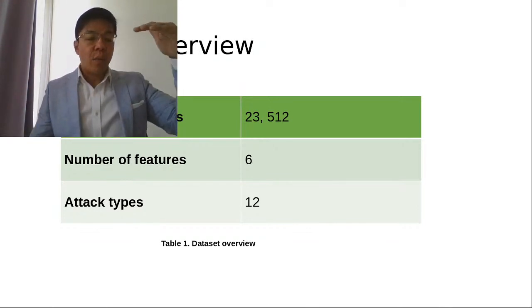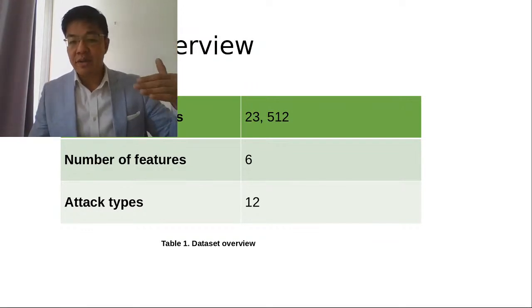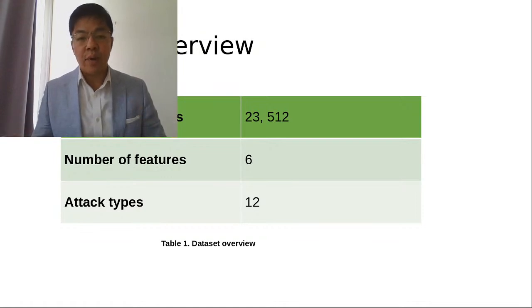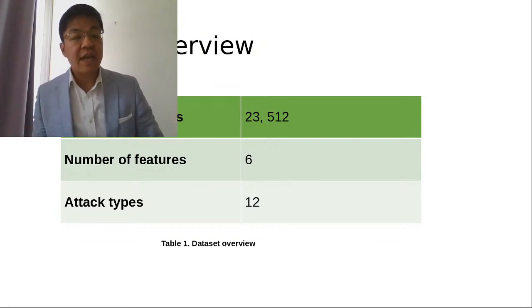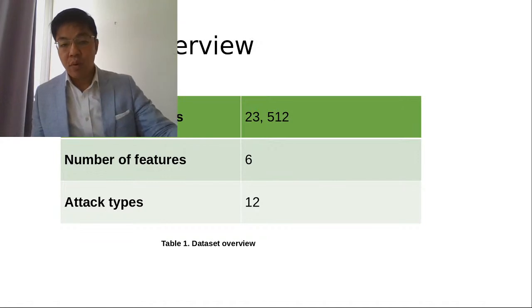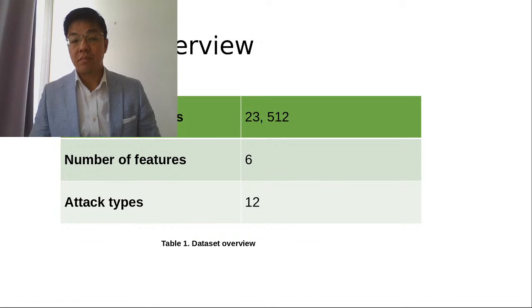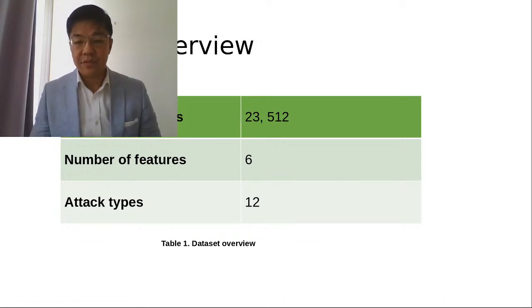Yes, we trained it with 12 different classes, but for the sake of simplicity for this webinar, we are only going to look at whether a network flow is either an attack or a normal flow. So there's only 2 classes. It makes life easier.